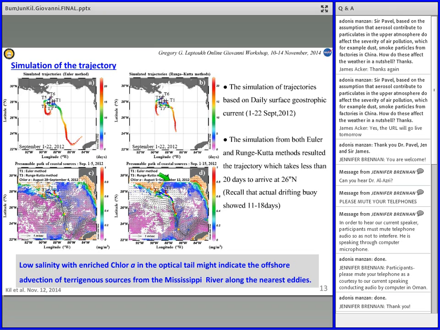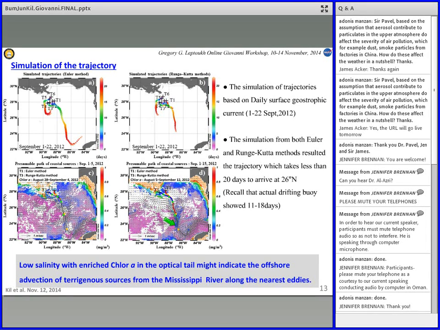And as shown in the figures, both selected trajectories simulated similar offshore extension of chlorophyll A. Consequently, the low salinity water with enriched chlorophyll A might have been advected from the Mississippi River Delta along the nearest eddies.